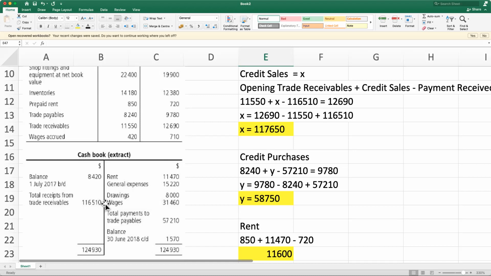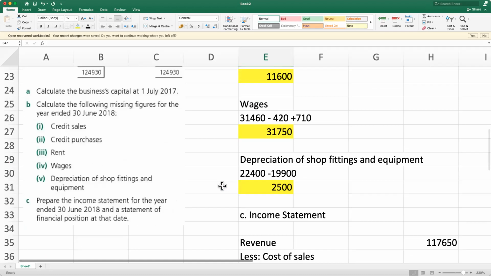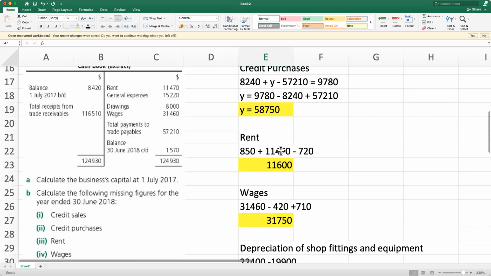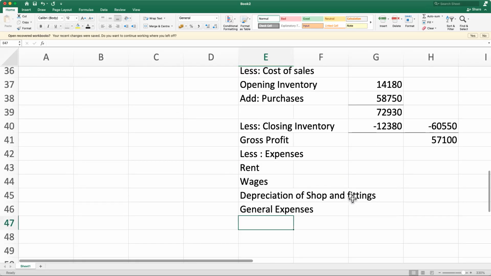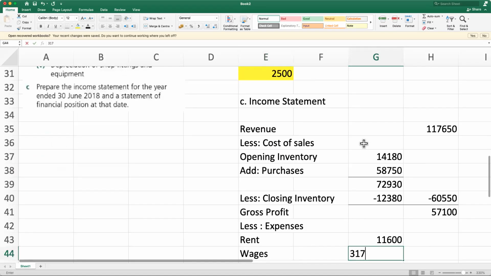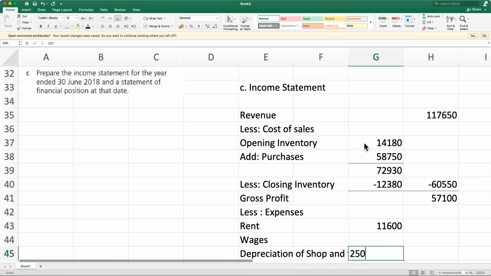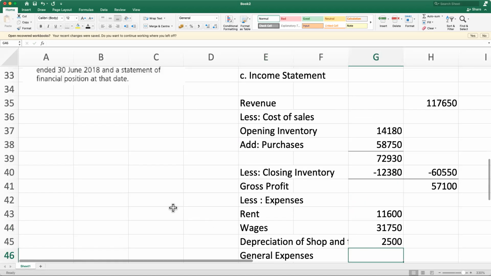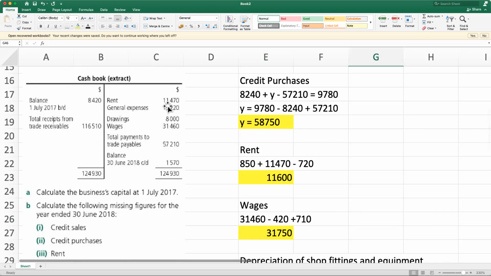Rent done, expenses done, which is then drawings not to be done here. But everything looks pretty sorted out. So let's just put in the figures. 11,600. Wages. 31,750. 2,500. General expenses. I'm just going to take here because there's no adjustment to it.